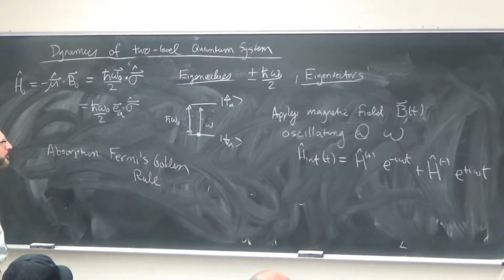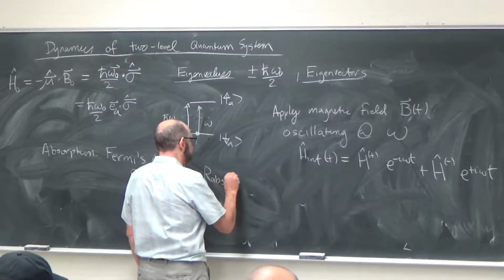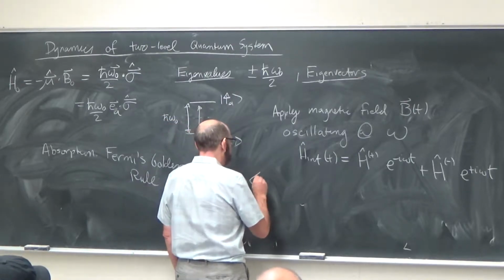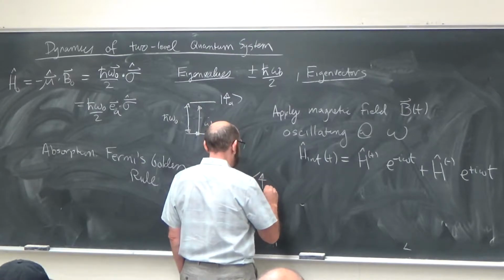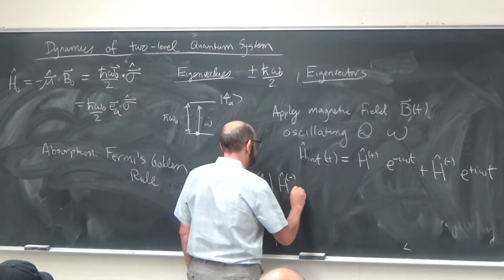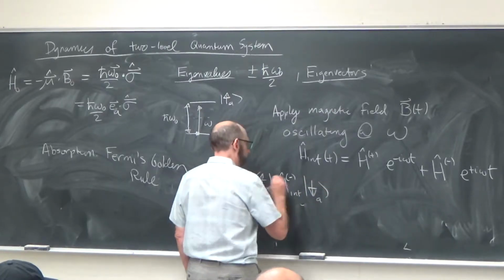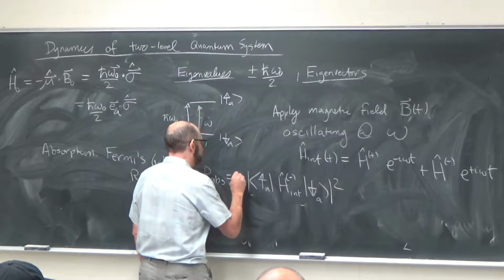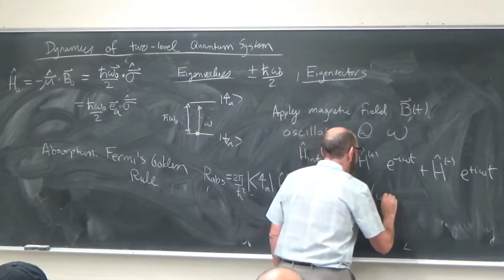Right? And Fermi's golden rule says that the rate of absorption is related to the matrix element that takes me from the initial state to the final state of the interaction Hamiltonian squared. There's some factors here, like 2 pi over h bar squared, and then something like the density of states.